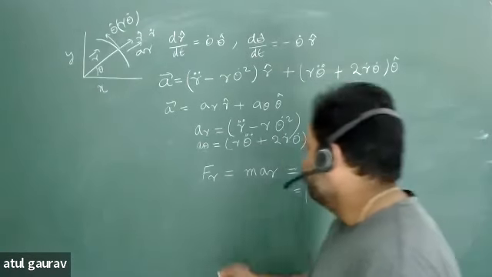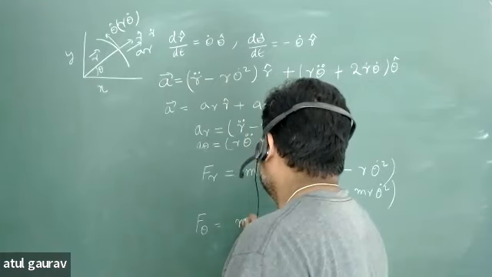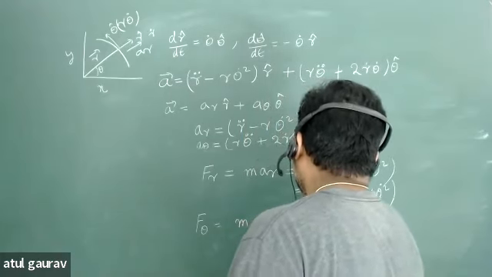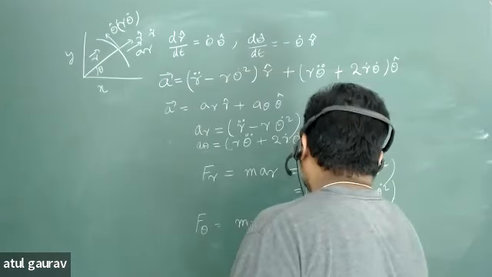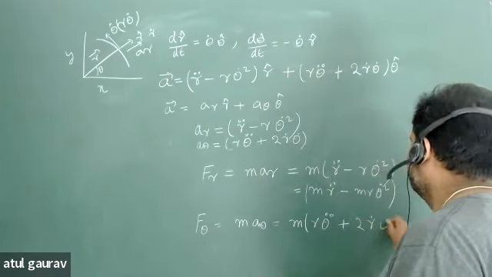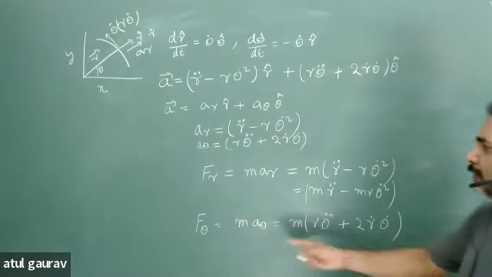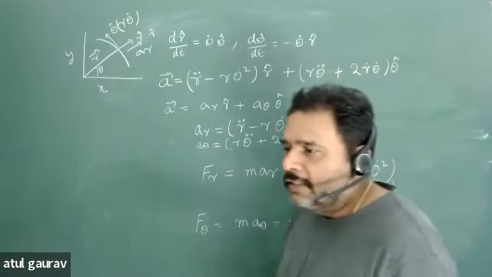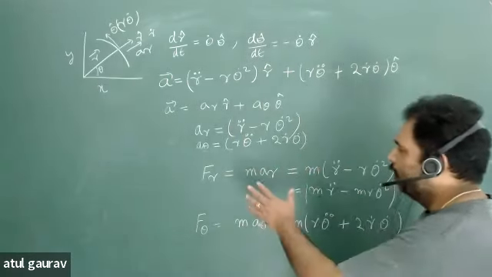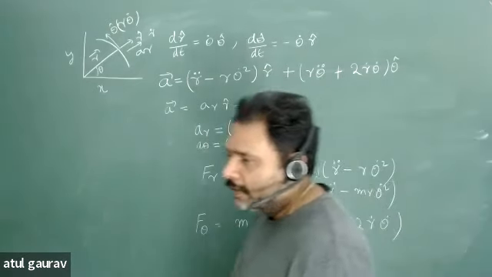And what about F theta? Your F theta is equal to m A theta, and that will be m times r theta double dot plus 2 r dot theta dot. So this is your F theta. You will resolve everything in the direction of F theta and FR, solve them simultaneously and get the solution.